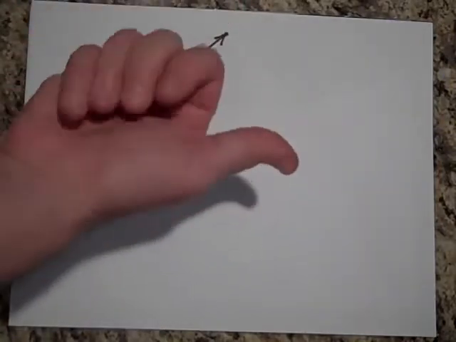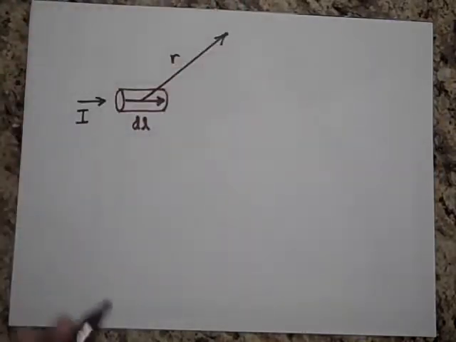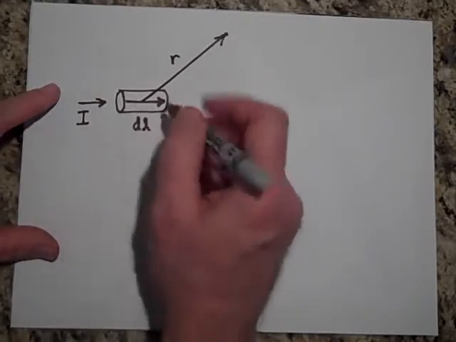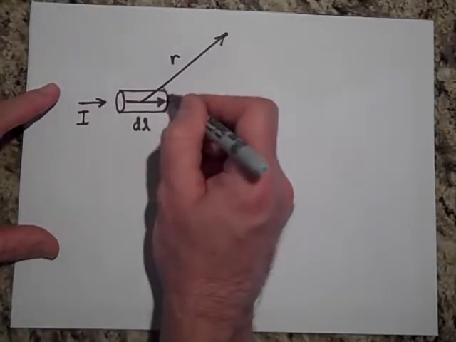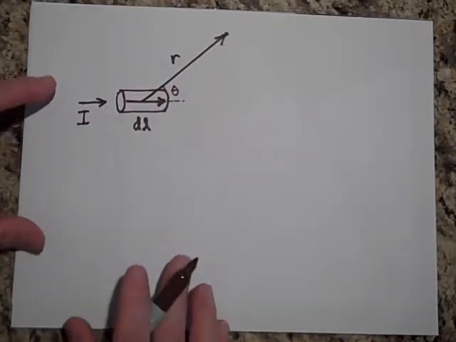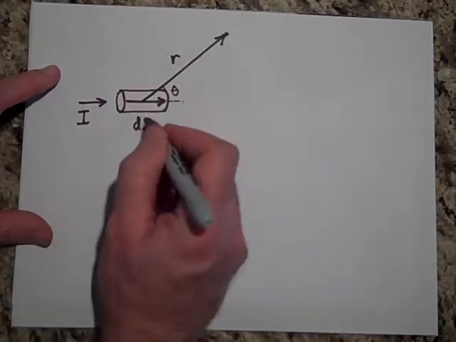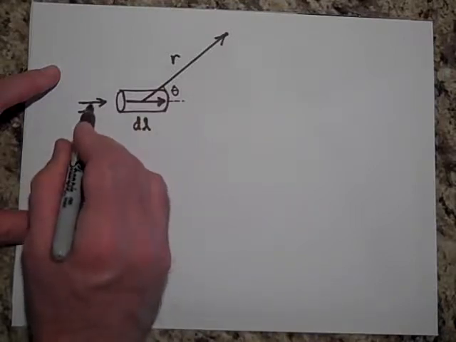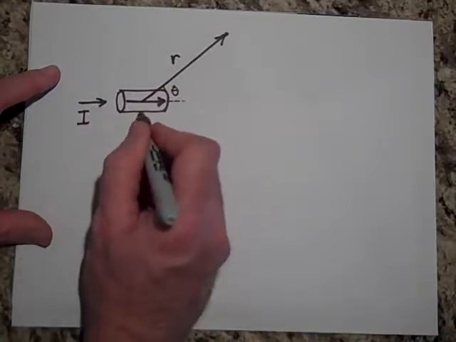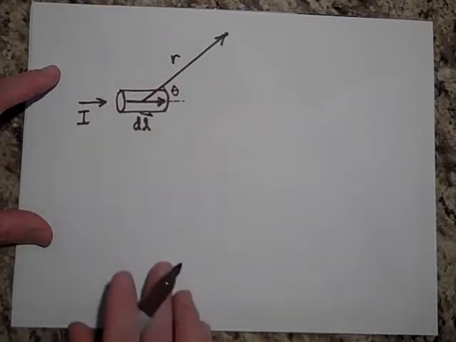The field is going to be heading straight up. Yeah, that's right, straight up. And let's call this angle theta, the angle between the direction of dl. dl, we're going to call it, that's going to be a vector. It's going to be pointing in the same direction as I. So I need to sneak a vector sign in there for dl.